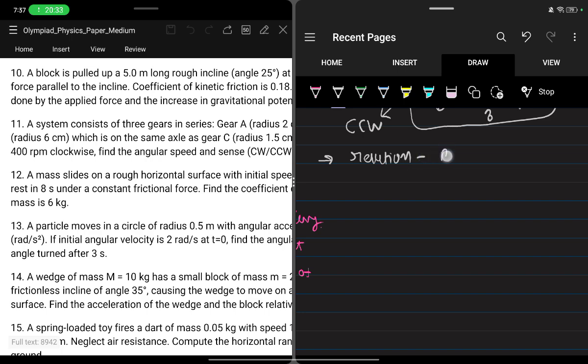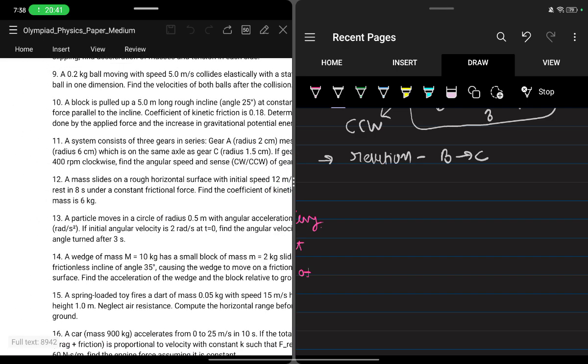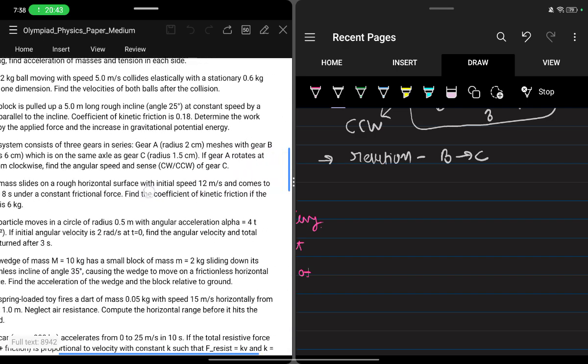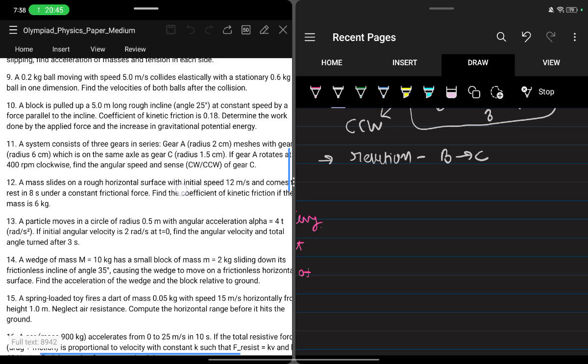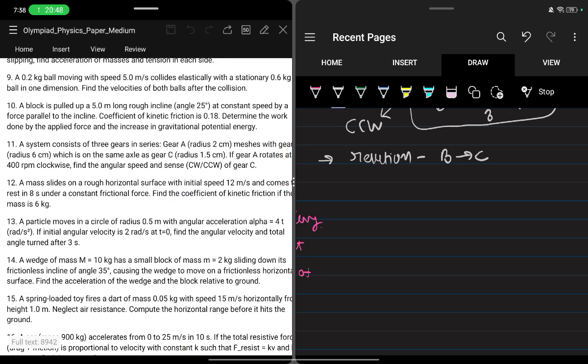Now the relationship between B and C. So gear B and C are on the same axle, as you can see, right? In the question it is given that gear B is on the same axle as gear C. So that means same angular speed, in same direction, yes or no? Correct.